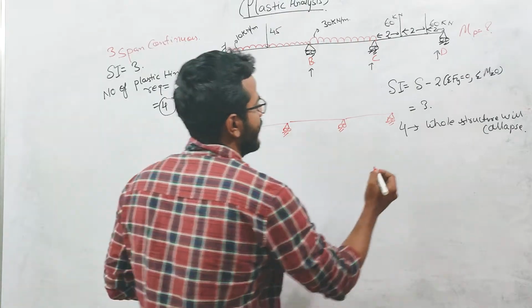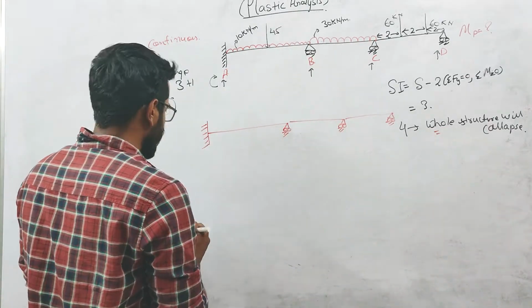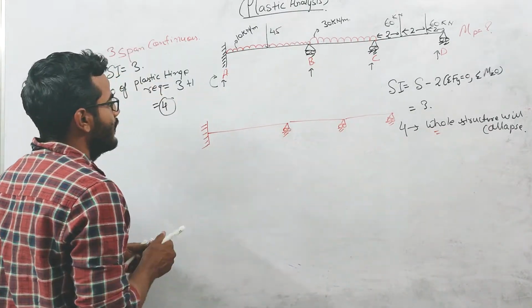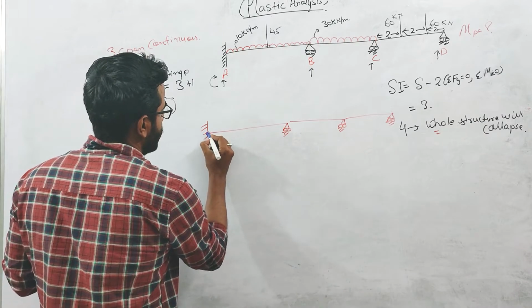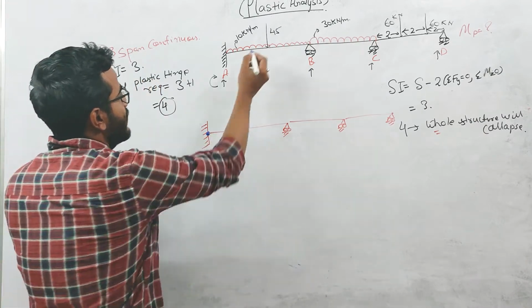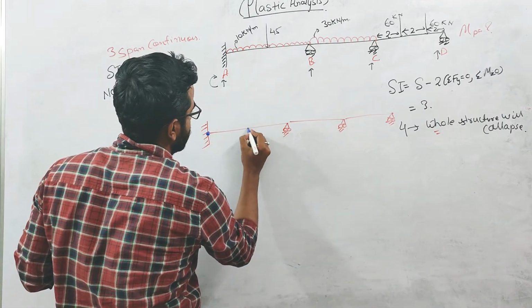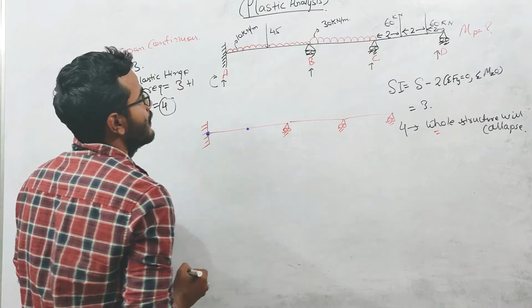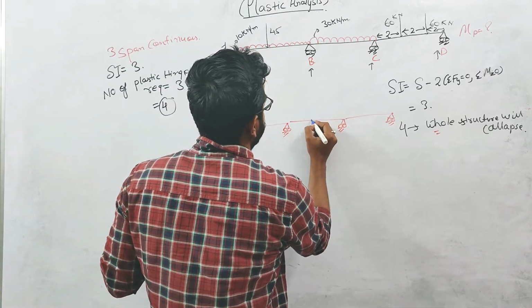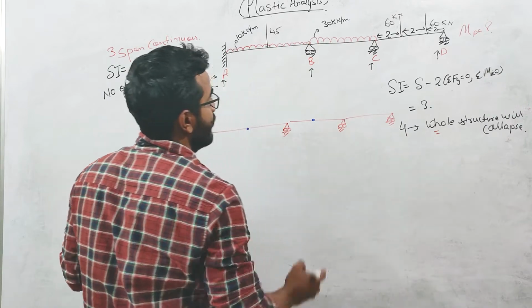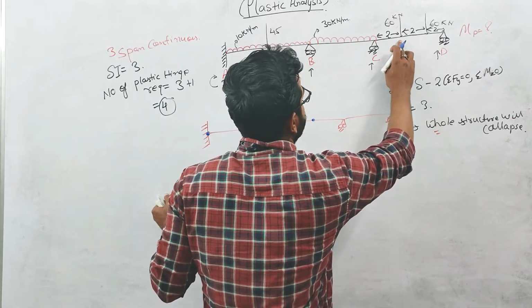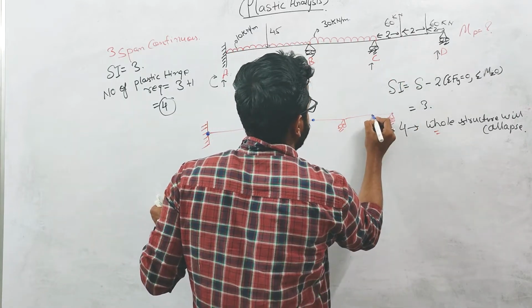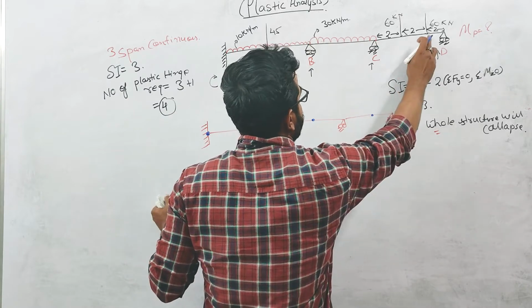Let us suppose the first plastic hinge forms at support A, the second plastic hinge forms under this point load, the third plastic hinge forms at this point, and the fourth plastic hinge forms either at this load or at this load, whichever is critical. I'm assuming that it is forming under this load.